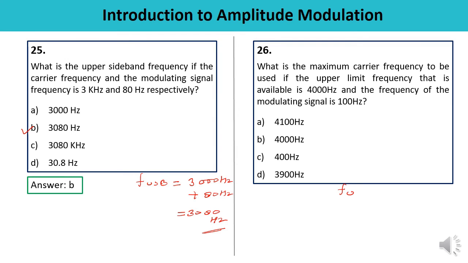See, frequency of upper sideband is frequency of carrier plus frequency of modulating. So here you have to calculate the carrier frequency, which is the upper sideband frequency minus the modulating frequency. So frequency of carrier is equal to the upper sideband frequency 4000 Hz minus the modulating signal, which is 100. So this is 3900 Hz. It means the correct answer is D.